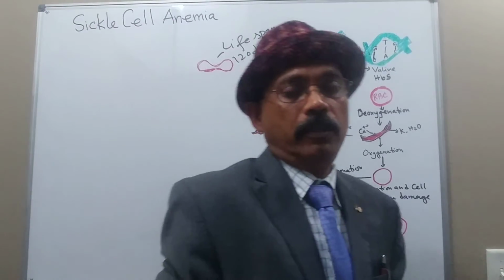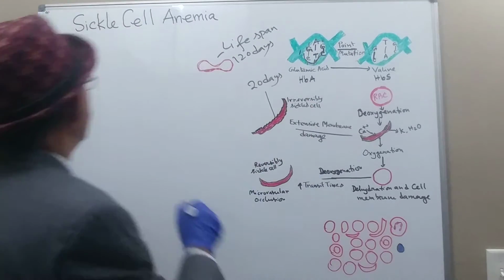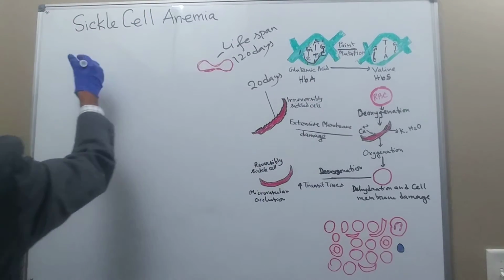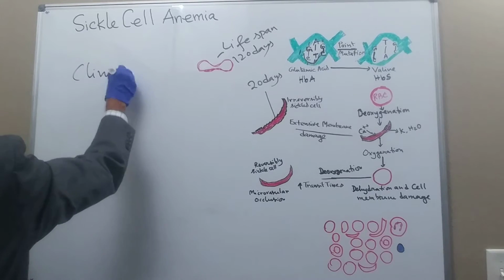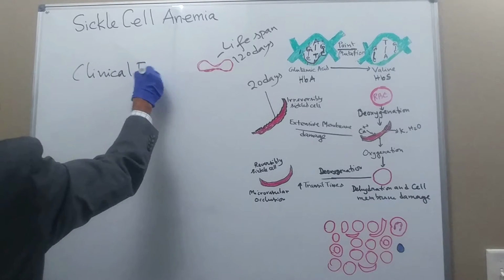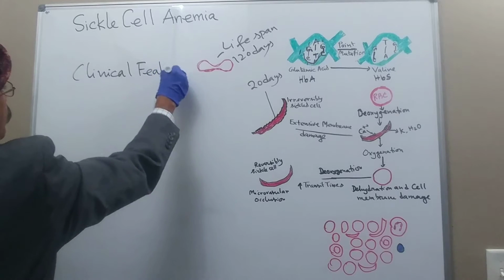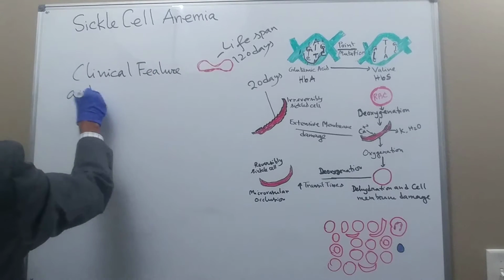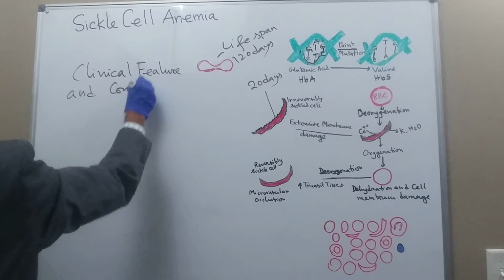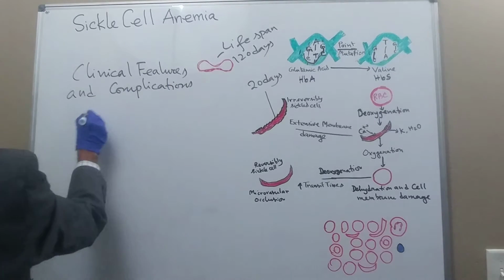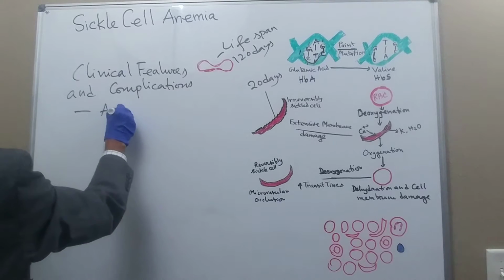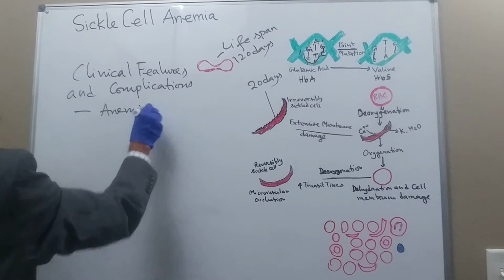Now, what are the clinical features and complications? Okay, so we'll get anemia because of hemolysis.